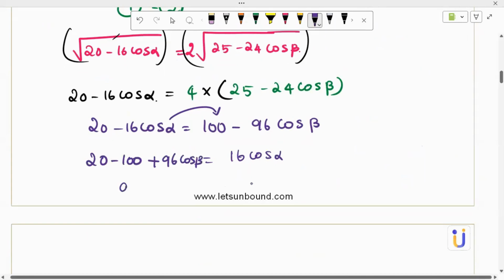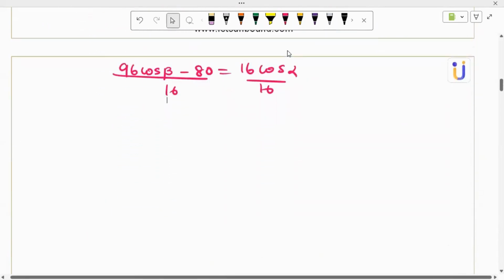Okay, 96, we got this. 96 cos beta minus 80 equals 16 cos alpha. Let me divide by 16 on both the sides. It's divisible. So I will get 6 cos beta minus 5 equal cos alpha.